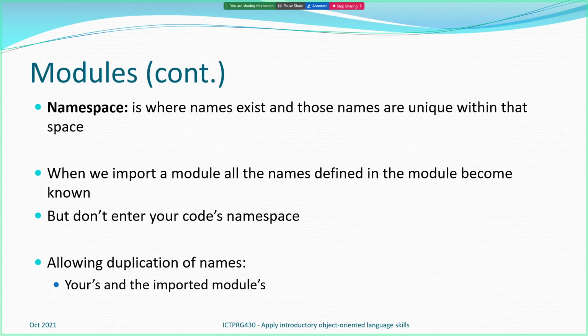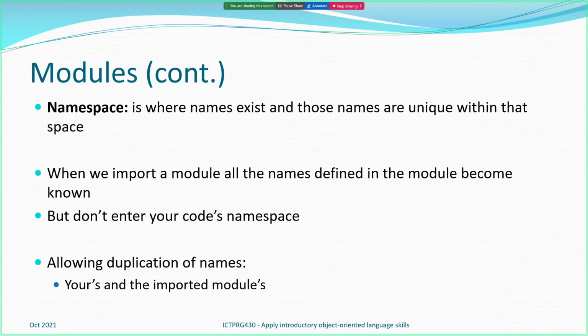A namespace is like the scope of a name. So where that name is unique is within its namespace.